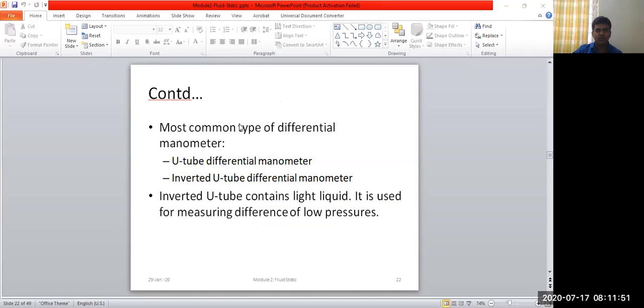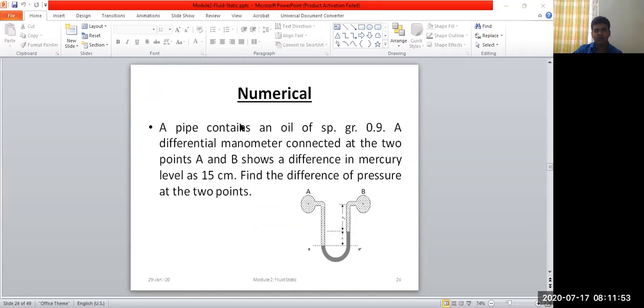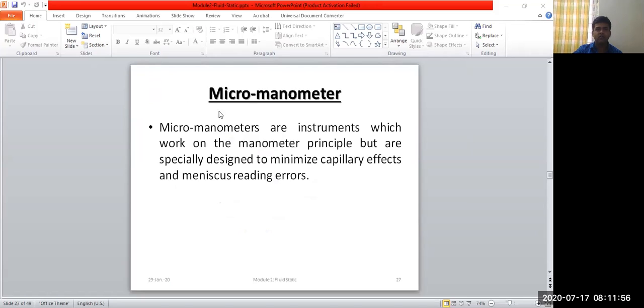So this is about the manometer. Now one instrument is called the micromanometer.